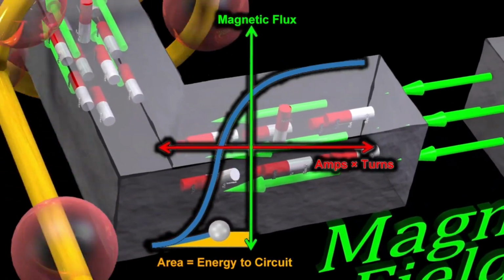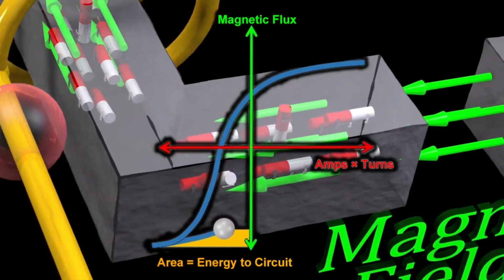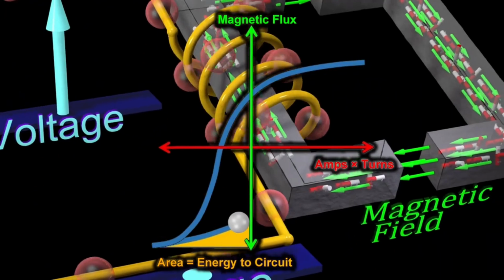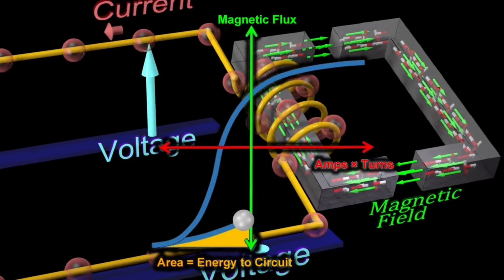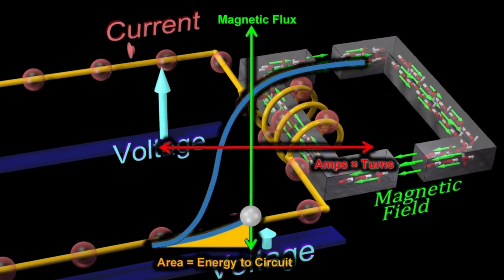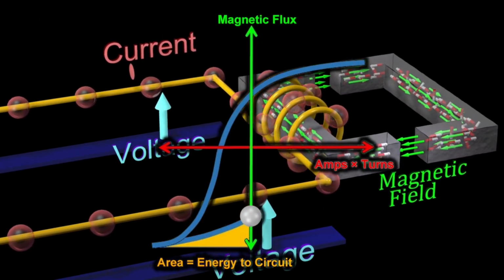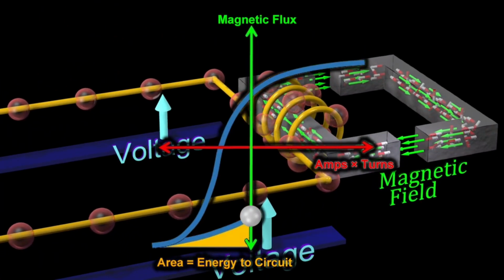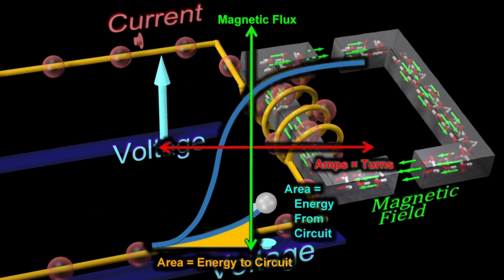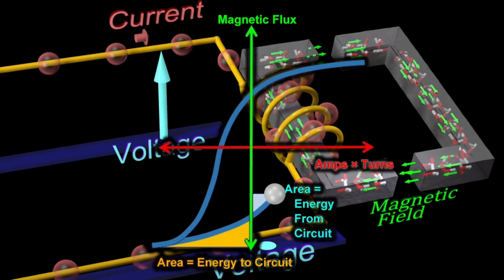Here, the energy returned to the circuit is equal to the area highlighted in orange at the bottom. The energy supplied by the circuit is equal to the area highlighted here in blue.